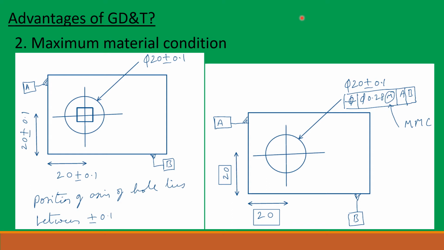If the actual hole size is larger than its minimum size limit, its location tolerance can be correspondingly larger without affecting the part function. The rectangular coordinate system can cause functional part to be scrapped since it does not allow for cylindrical tolerance zones or tolerance zones that increase with the hole size. This problem will be overcome if we use GD&T.